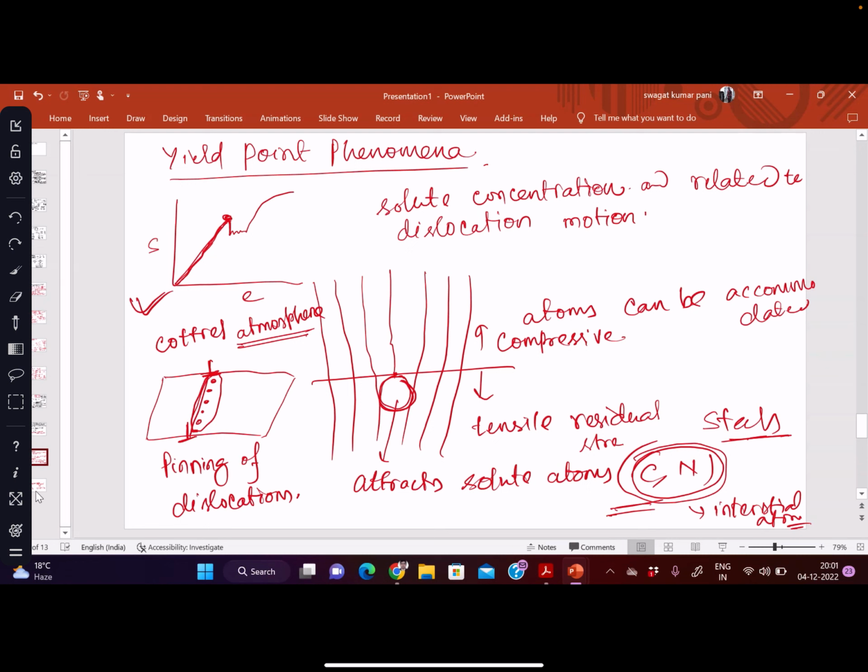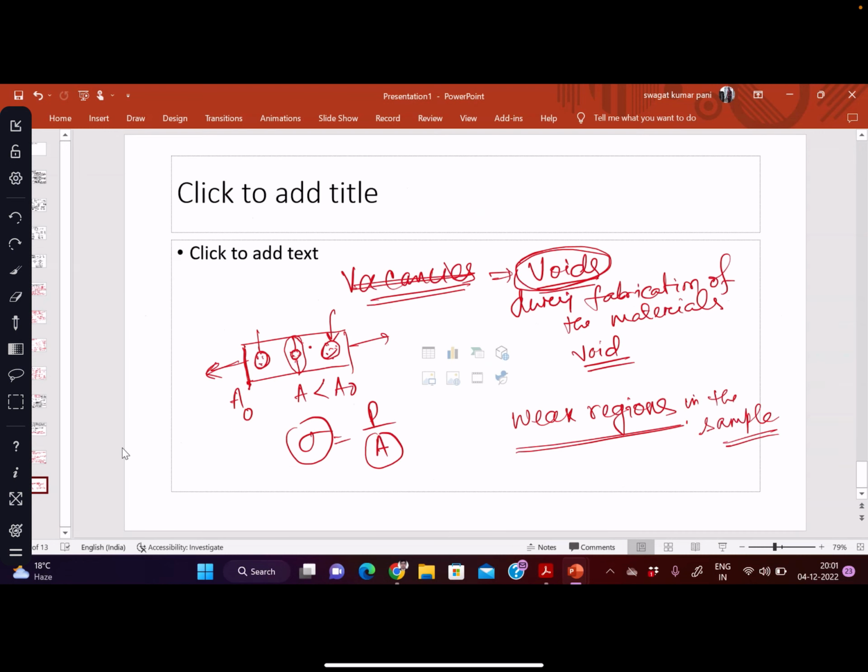Okay, so this yield point phenomenon has many other things, like the upper yield point, the lower yield point, and how Luder bands form. This will take about 30 to 40 minutes to explain. So many things are going on inside.